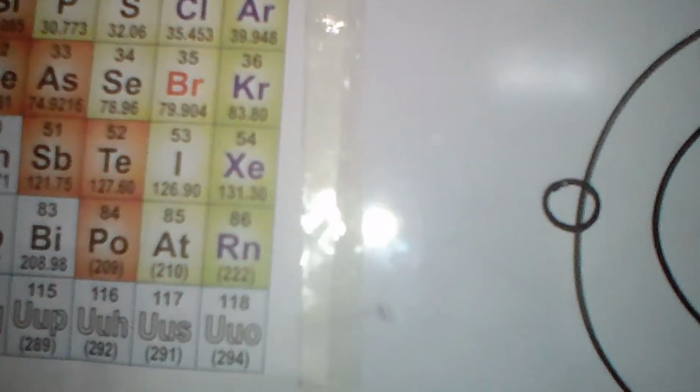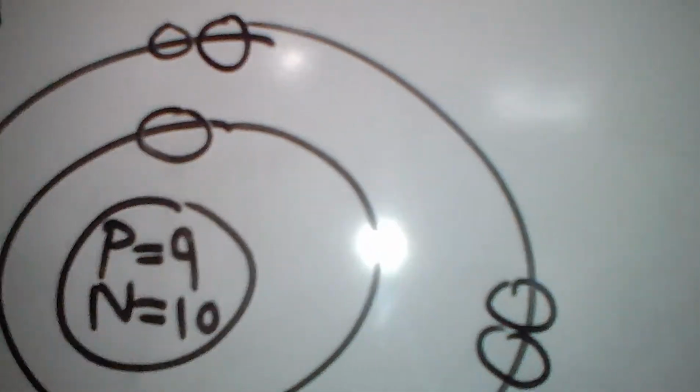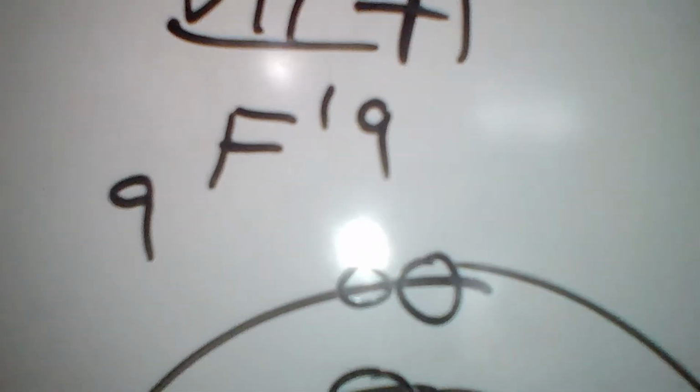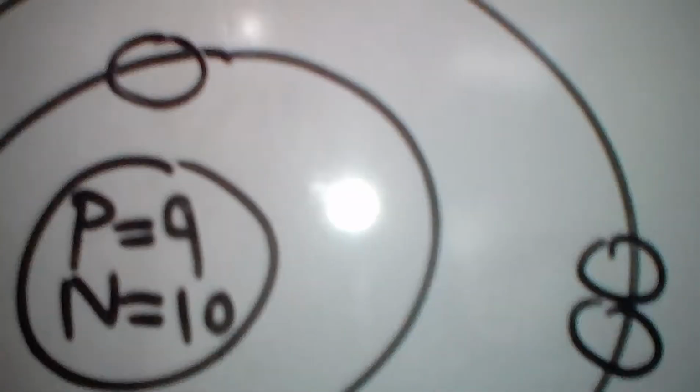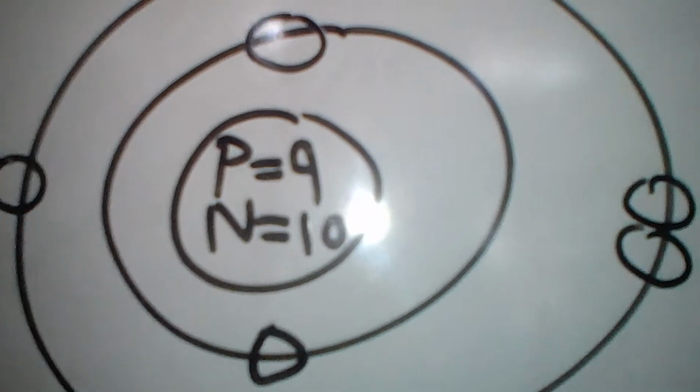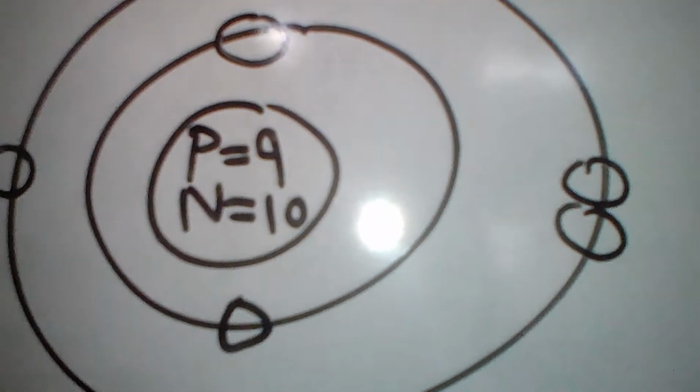Similarly, the 7th A group contains fluorine, chlorine, bromine, iodine and astatine. The first element of the 7th A group is fluorine, with atomic number 9 and mass number 19. Here is the nucleus containing 9 protons and 10 neutrons.